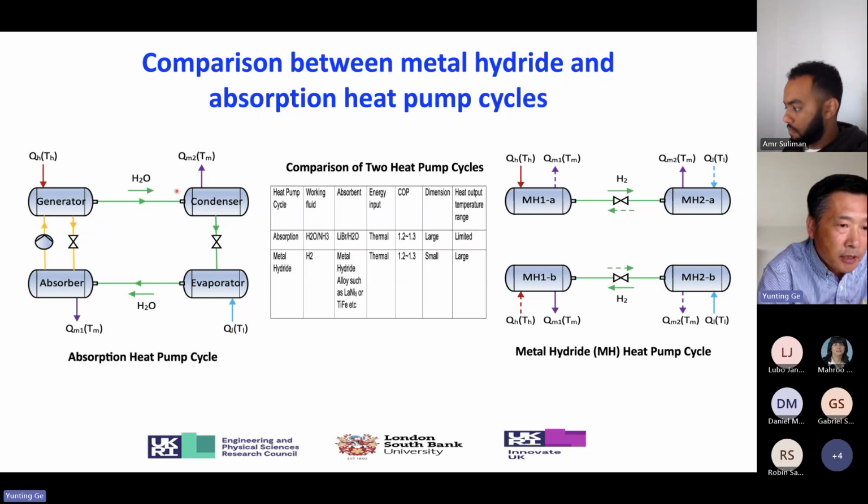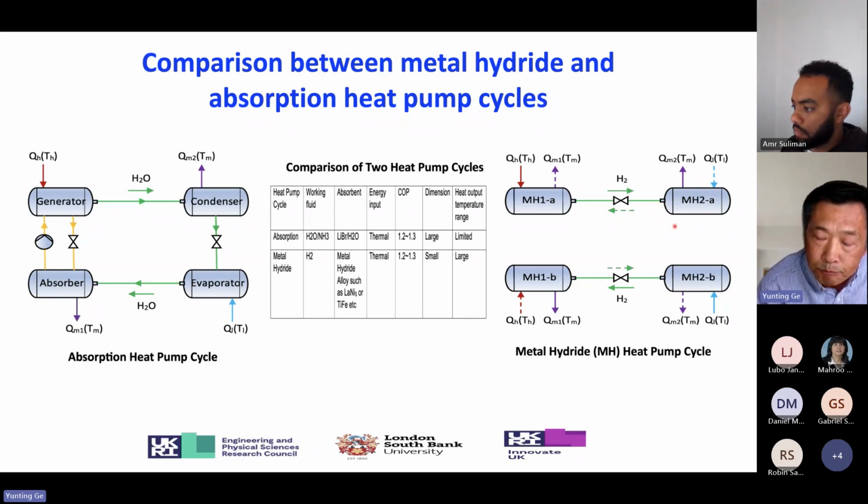For the metal hydride system, in the right side of this slide, I think it's quite similar to the absorption heat pump system. Let's look at the system composition. It consists of two identical metal hydride reactor pairs.